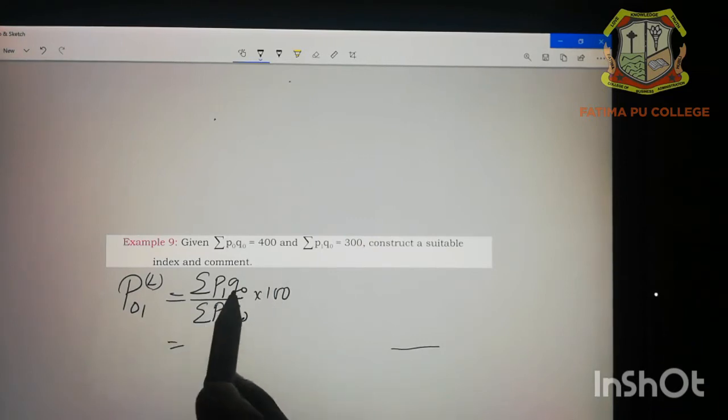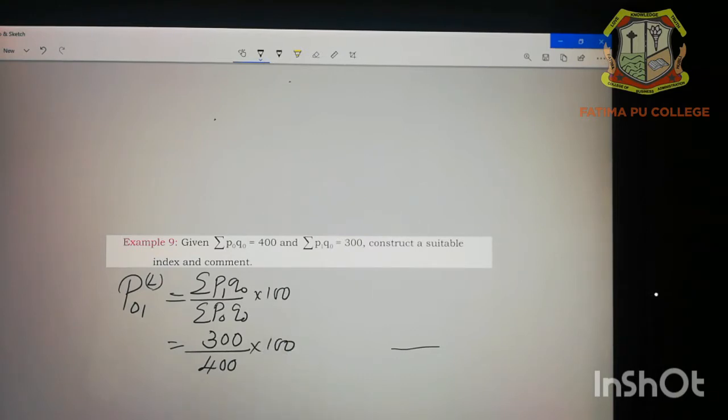Which is given as summation P1 Q0 divided by summation P0 Q0 into 100. So what is the summation P1 Q0? It is 300. Divided by P0 Q0, it is 400, into 100. So 300 divided by 400 is how much, students? It is 0.75 into 100. It's nothing but 75%.